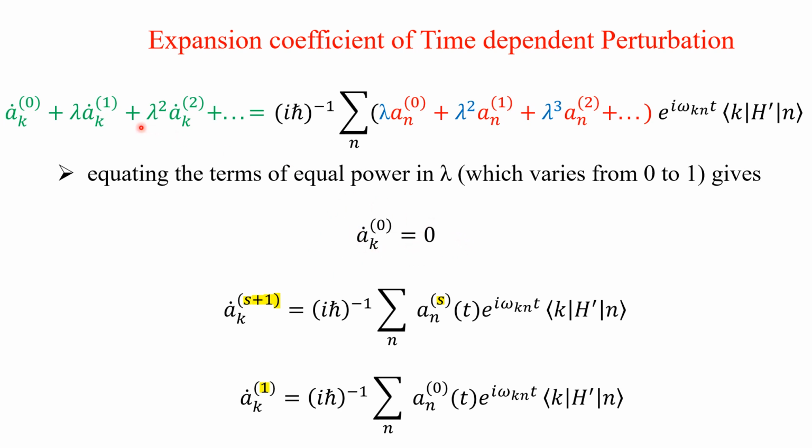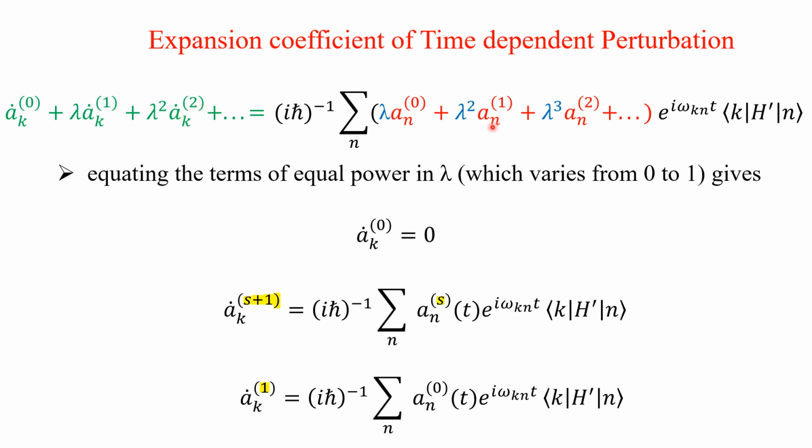This is the first equation. Then next you can compare the lambda term. If you compare the lambda term here, ak dot 1 is equal to an0. Similarly, for the lambda squared term, here you can see the lambda squared term an1, that is ak dot 2 is equal to an1.